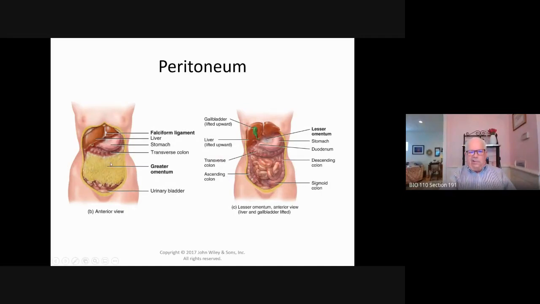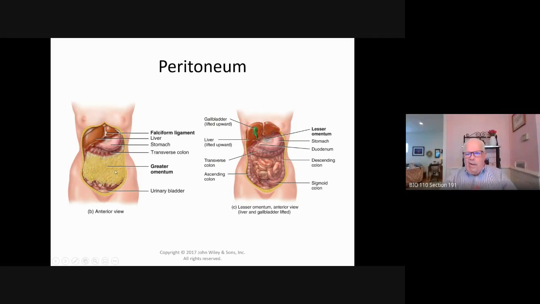This yellow stuff is fat. So the fatter you are, the bigger your greater omentum is. And the greater omentum covers everything below the stomach. Okay? Here it is. It's actually below the stomach.